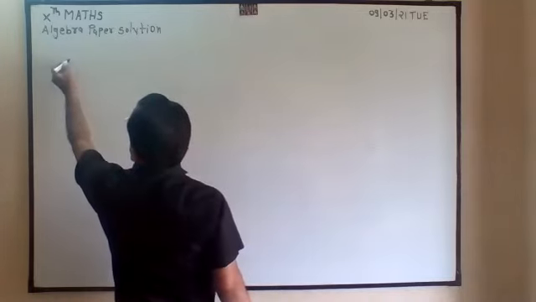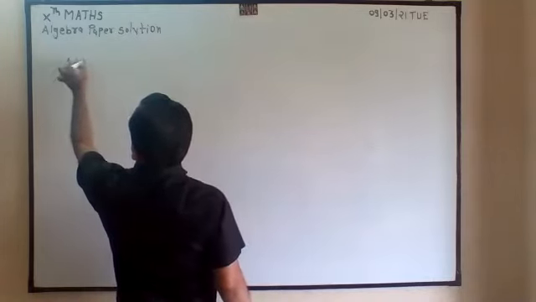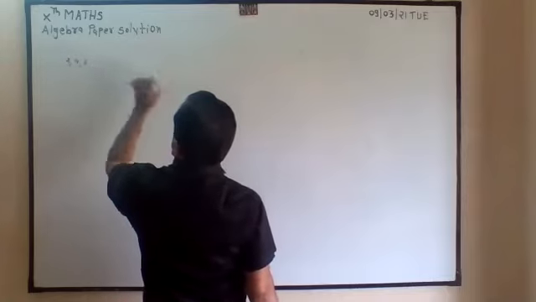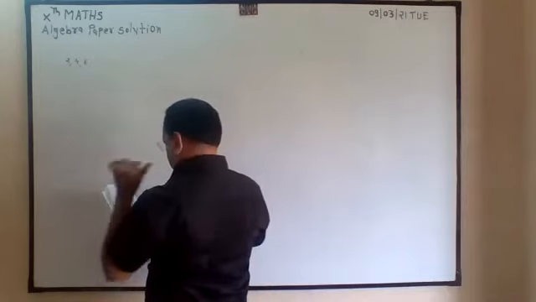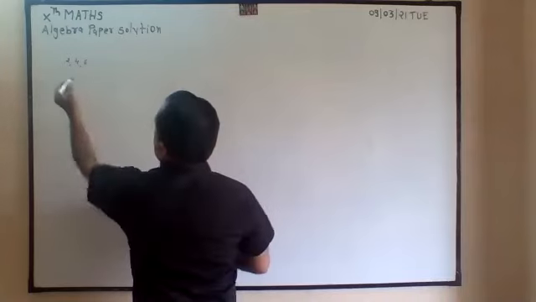Even natural numbers: 2, 4, 6. Correct. And sum.